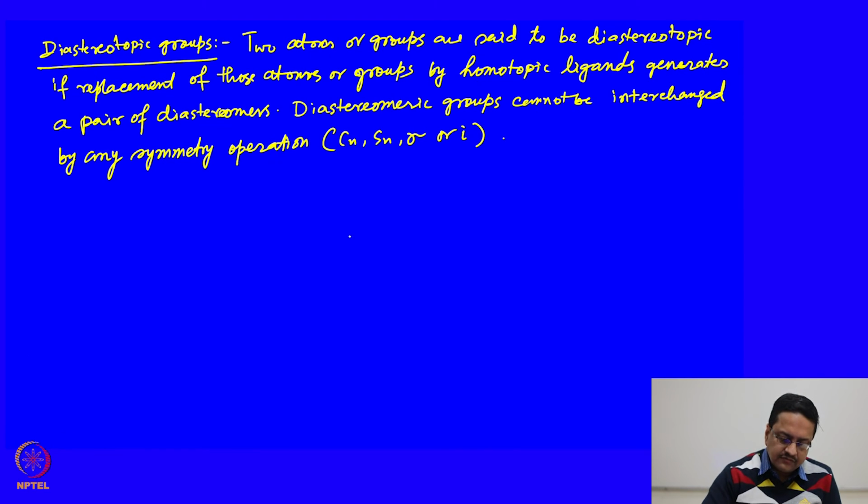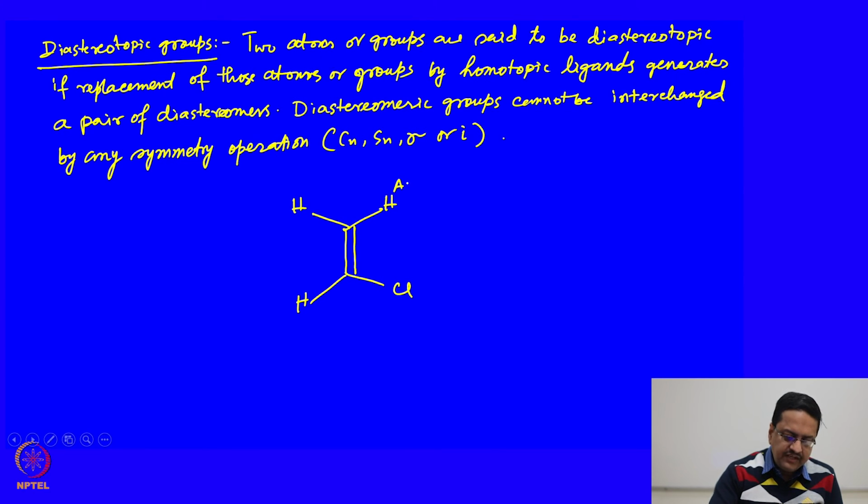Let us take the example of this chloroethene. Here we have two hydrogens, HA and HB.